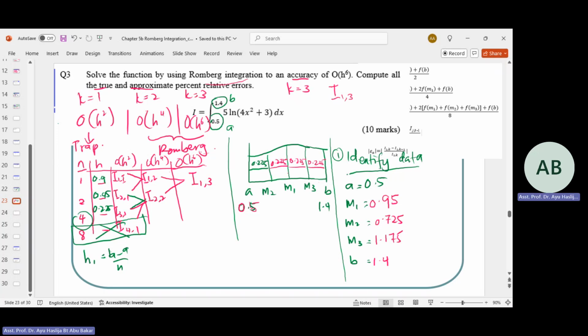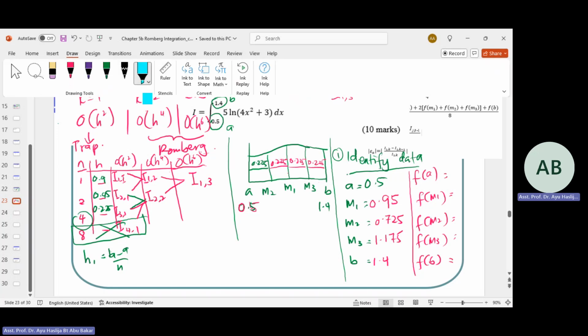Okay, so once you get your M's, find your f(M)'s. How to find your f(x) from the given function?